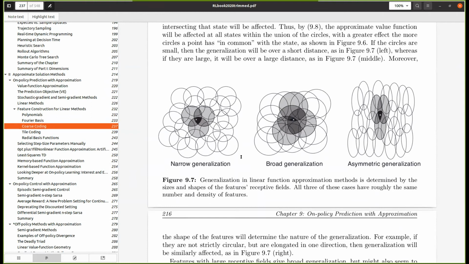In the lecture, I think Hasselt gave a good representation of how coarse coding works with the Gaussian distances and the representation of the circles.